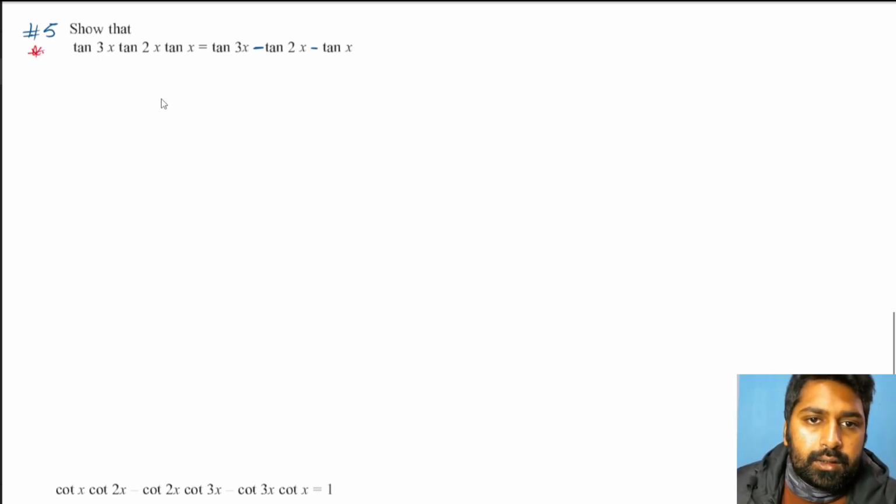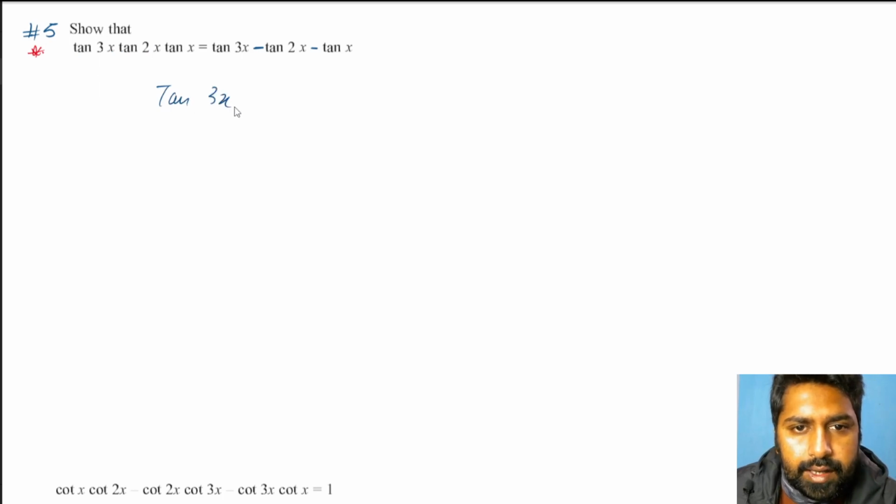So a very unique idea, that is, I can write tan 3x is equal to tan of 2x plus x.